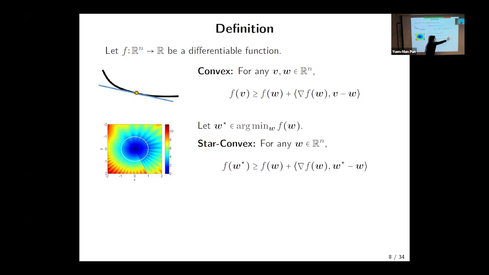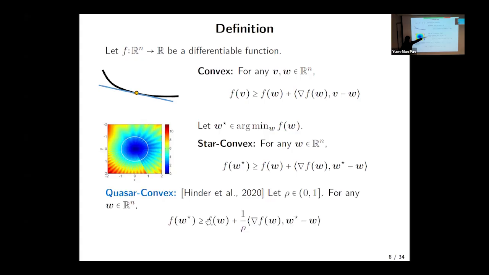So this inner product must be negative, right? So for quasar convexity, we relax star convexity by multiplying the inner product with some number larger than 1. So this is a relaxed version of star convexity. Basically, we let rho be between 0 and 1, and then for any w, we would have this inequality to hold.